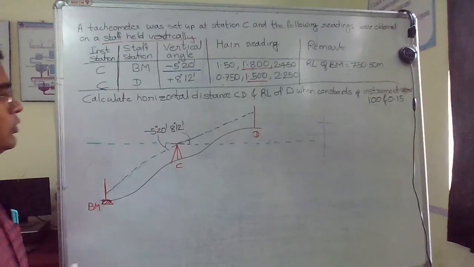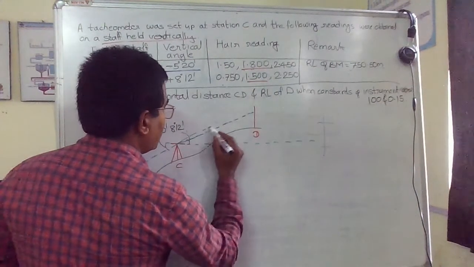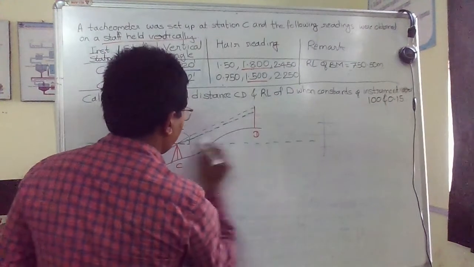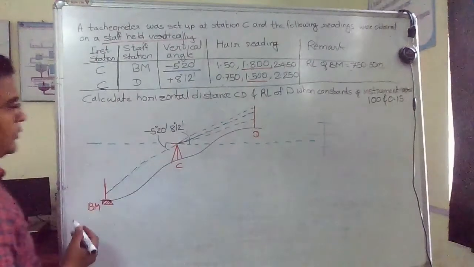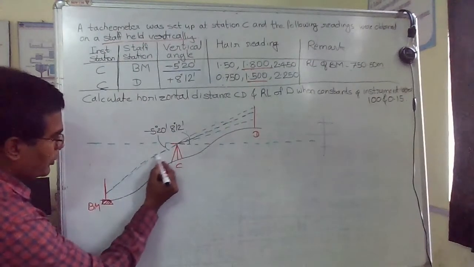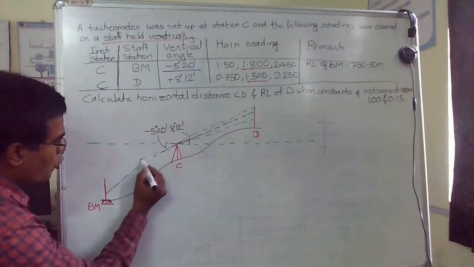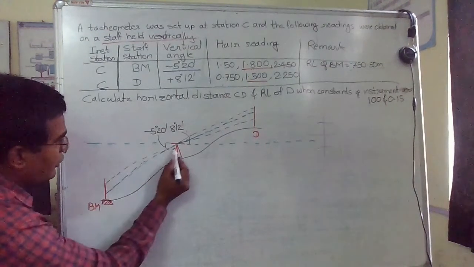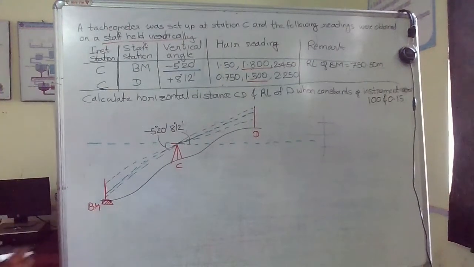Now again two readings are there, that is the upper crosshair reading and the lower crosshair reading. Again here also two more readings, upper crosshair reading and lower crosshair reading.